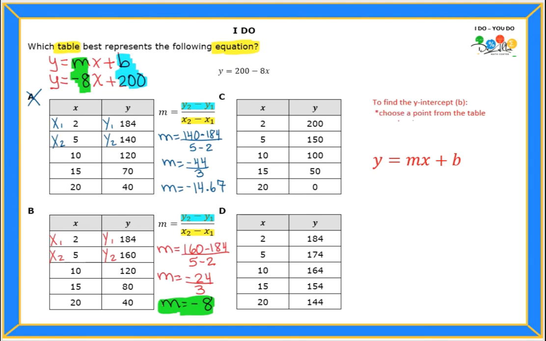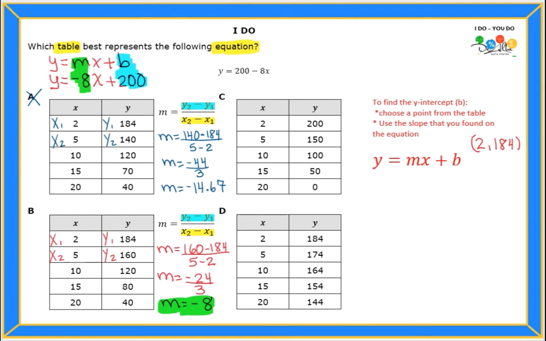Second, I am going to use the slope that I just found in the following equation. So we have both requirements. You choose what point you want to use. Like I said, it's totally up to you. I'm going to choose the point 2 and 184.